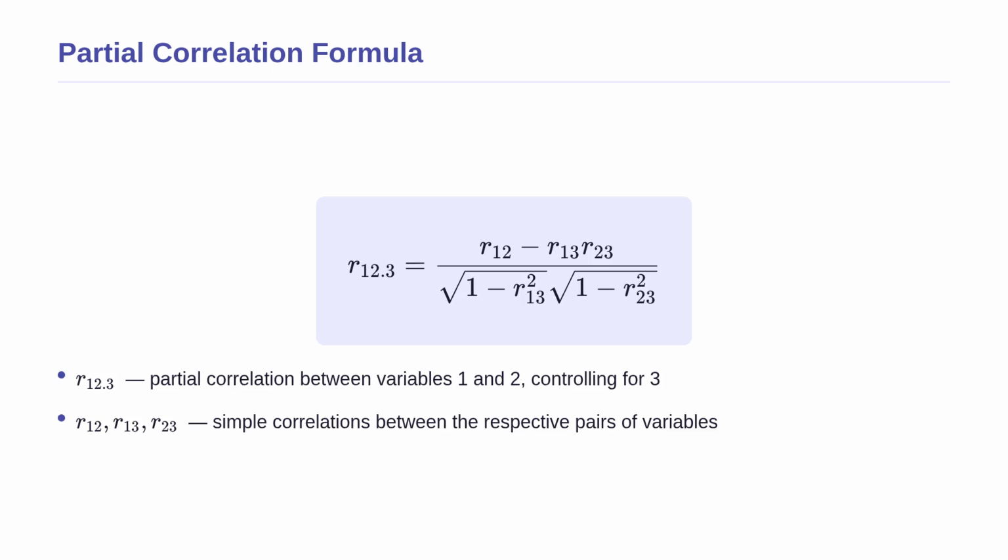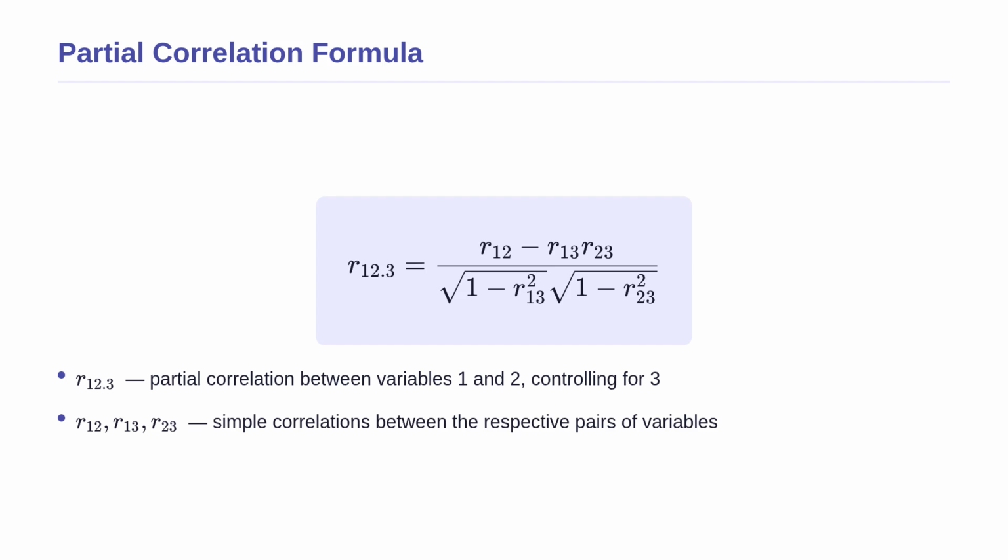This brings us to the mathematical definition. For three variables, x1, x2 and x3, the partial correlation between x1 and x2, keeping x3 constant, is denoted by R12.3. The formula subtracts the overlapping influence of the third variable from the direct relationship between the first two.